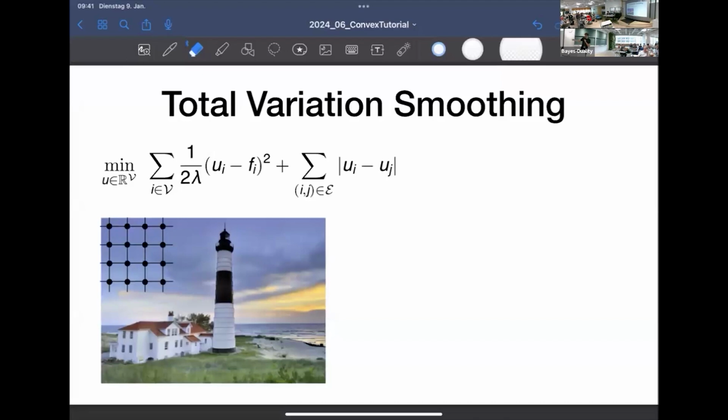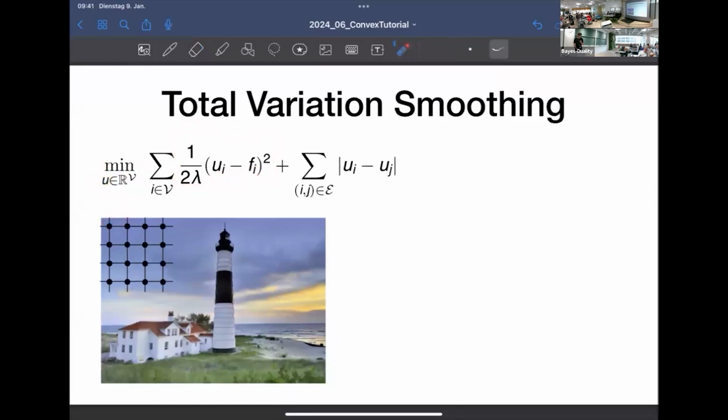So this is an image processing problem where we have a graph, and our variable u is basically on the vertices of the graph. So for every vertex in the graph, we have some optimization variable, and this first term is some kind of data fitting term. So this input image that you see here with the lighthouse, that's f, and then we say, okay, every node on this graph should be close to f.